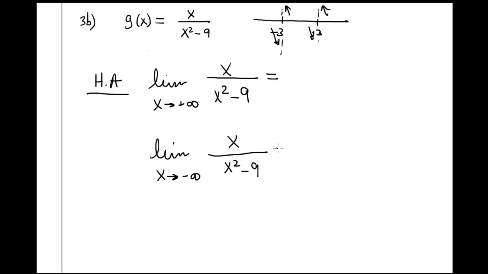Applying the dominant terms, x over x squared is 1 over x, and when approaching infinity it is 0. To complete the picture, this is approximately the idea for the asymptote. This is the horizontal asymptote at y equals 0.